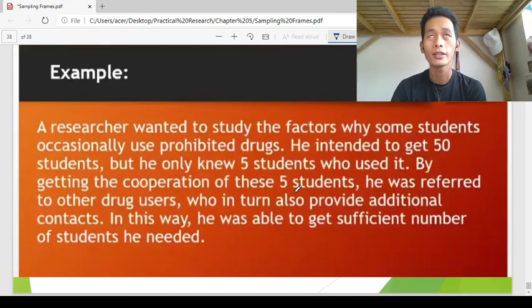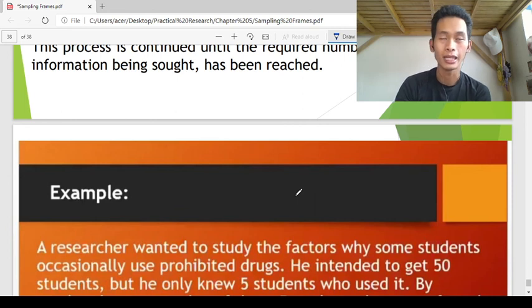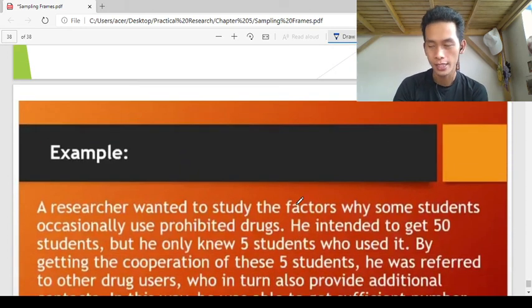Another example is that you wanted to interview 10 makeup artists, 'di ba, in a university campus. And then you only know 3, 'di ba? 3 makeup artists as to their job, and then you are studying their academic status as well as whether their racket is affecting them.